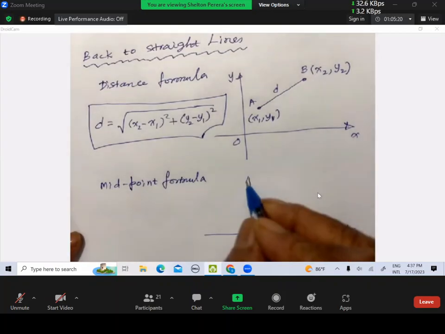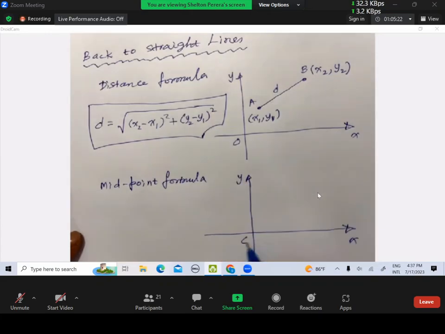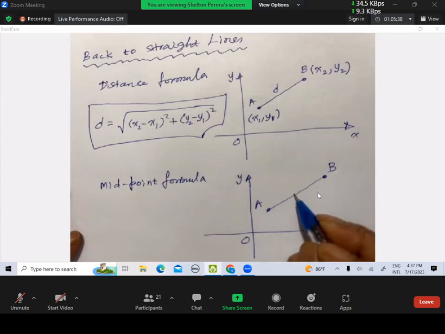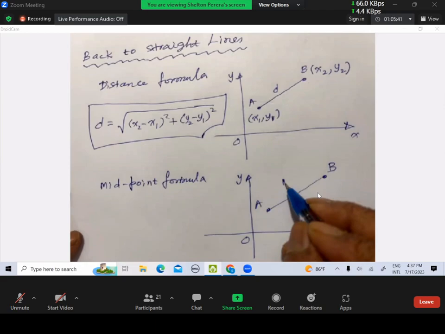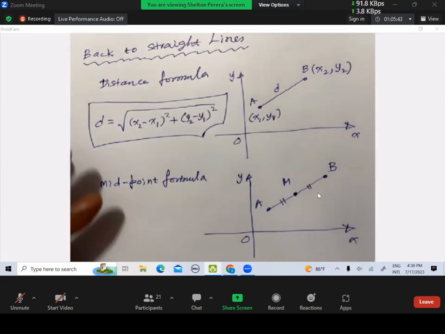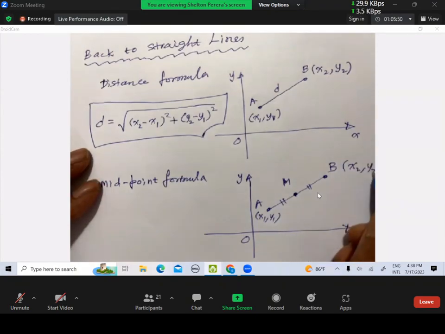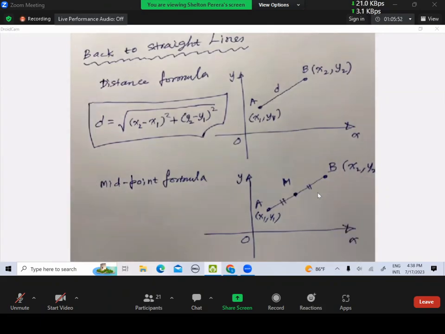Suppose you have 2 points A, B, just like in the previous diagram, on the x-axis and y-axis. Join AB and take the midpoint, call it M. This is the midpoint M. A is x1, y1. B has coordinates x2, y2, ordered pairs of numbers.